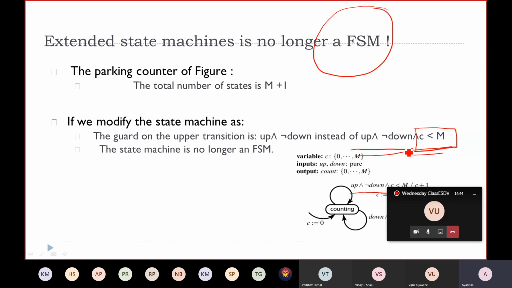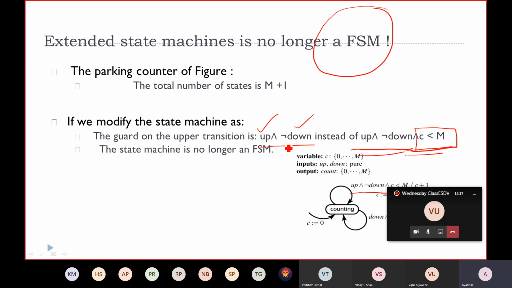Now if you see this condition, it is related only to up and down. It may happen that this condition is always getting satisfied, like up and not down. That means maybe sometimes a car is arriving, at that time your up signal is high, so this is one, and it is not down.